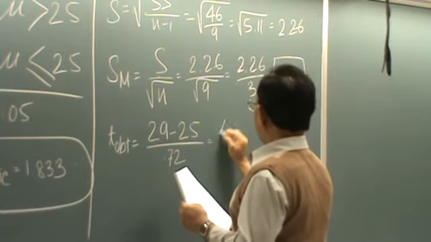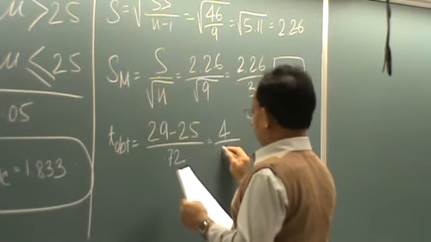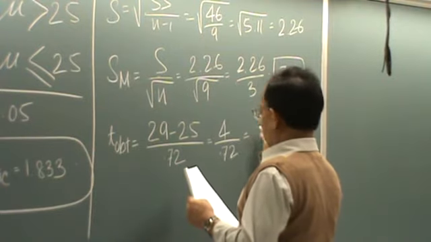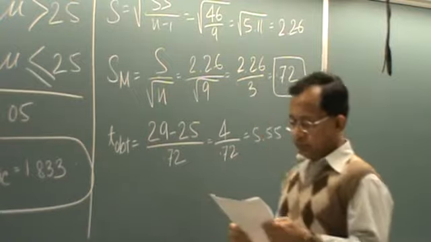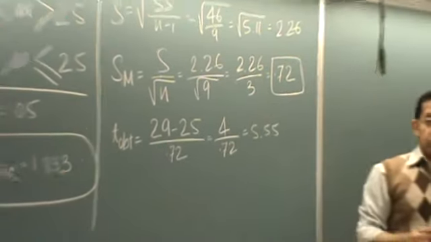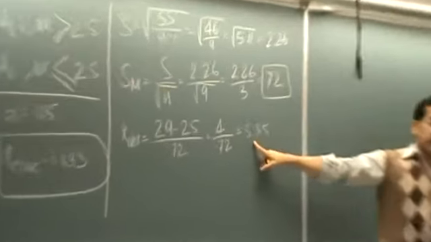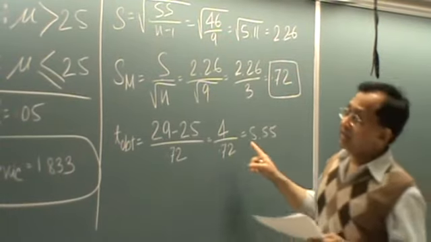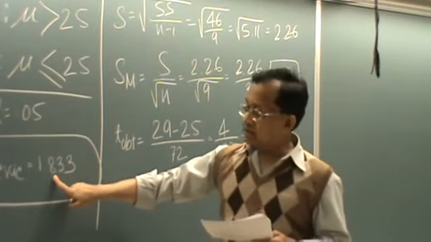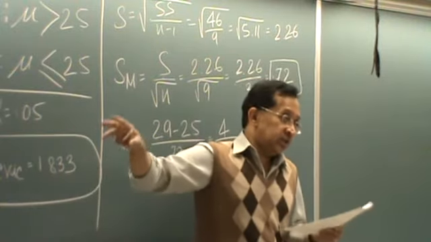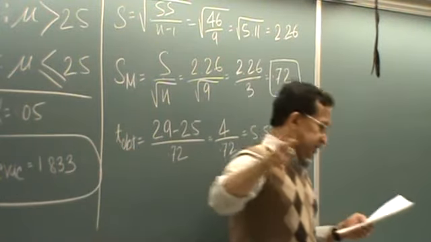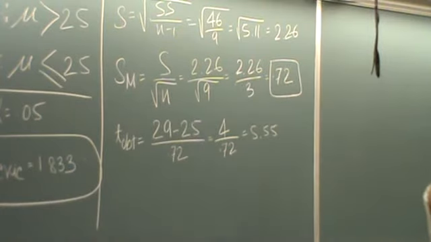That is 4 divided by 0.72, equals 5.55. So the T of 10 is definitely higher than this T critical. Since it is larger than T critical, we reject the null hypothesis.